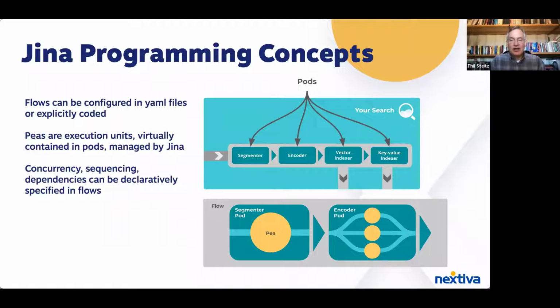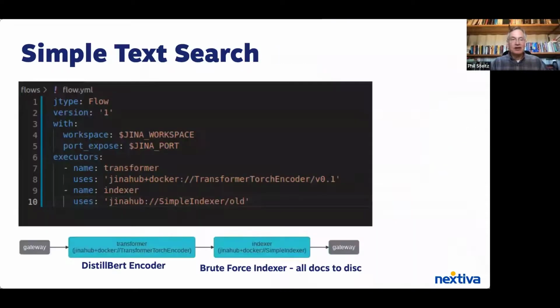Ps are actual execution units, so individual instances of, say, the BERT encoder will be a P that's running. Ps run inside of pods. What you're getting now is kind of a managed execution environment, and then concurrency, sequencing, and dependency are all declaratively specified in the flows themselves. So this is at a very high level the way that Jina works.